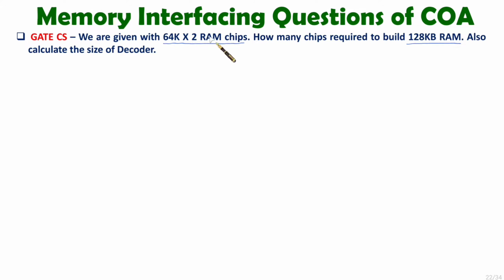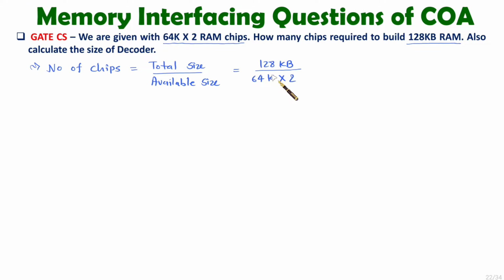Total size divided by available size. So the total size is 128 KB and the available size is 64K cross 2. Now we need to calculate this. 128 means 2 to the power 7, K means 2 to the power 10, B means 8 bits, so you can say 2 to the power 3, divided by 64 means 2 to the power 6, K means 2 to the power 10, and cross 2 is 2 to the power 1.